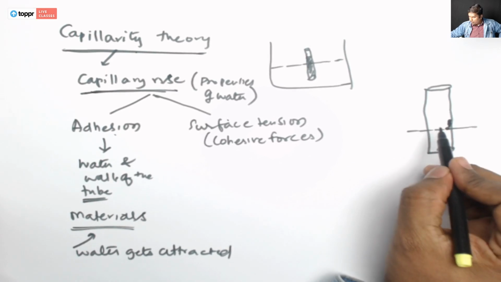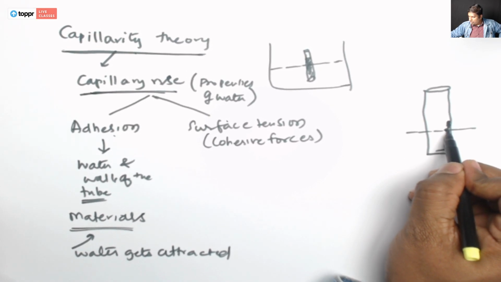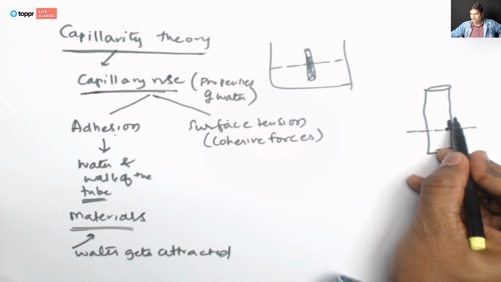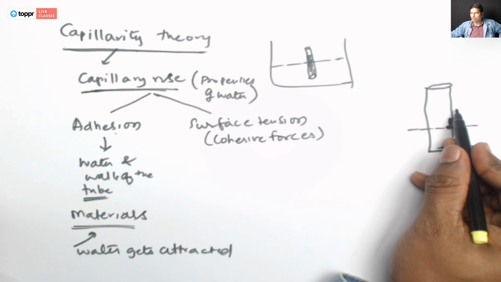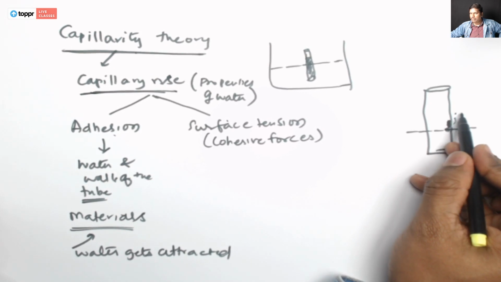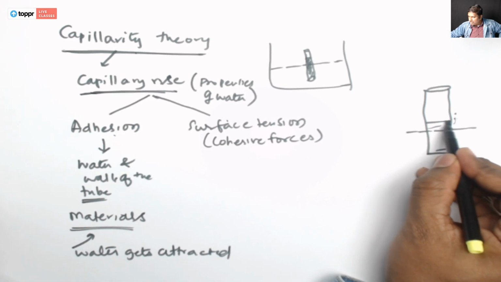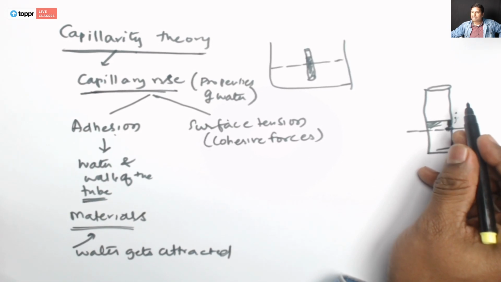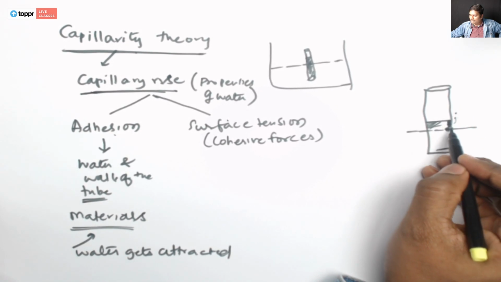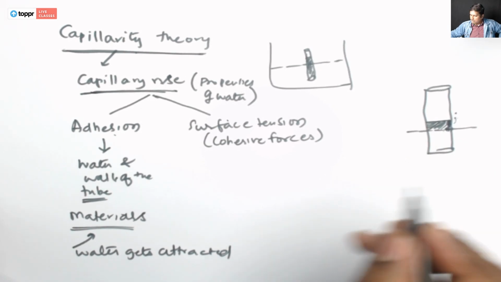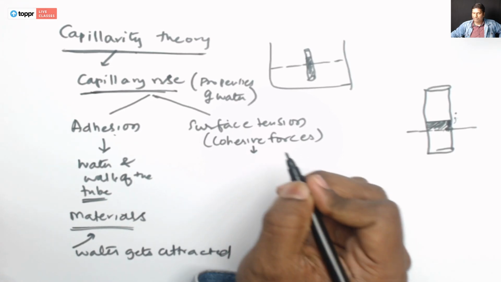We can understand that the molecules which are in touch with the wall are going up because they are getting attracted to some materials in the wall. But why is the entire region moving up? The entire thing is moving up because of the cohesive forces.